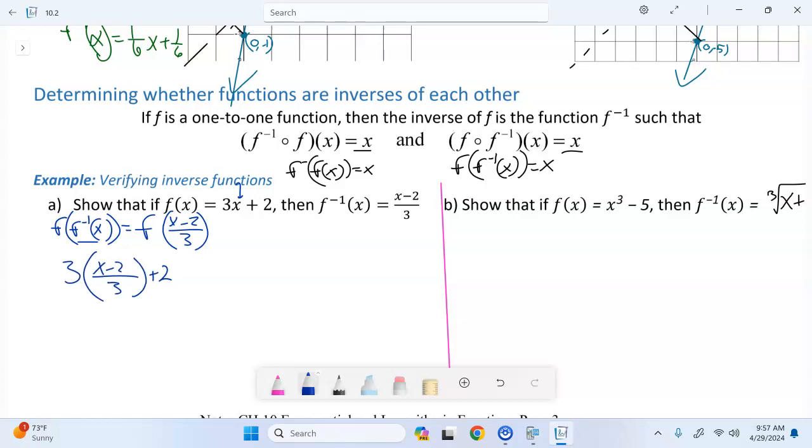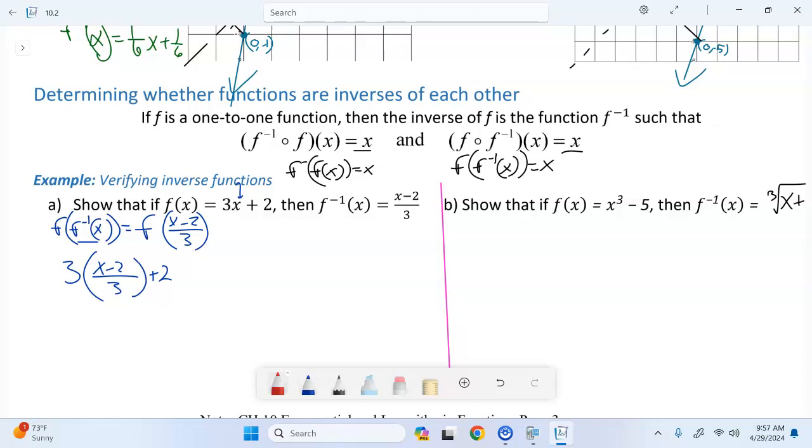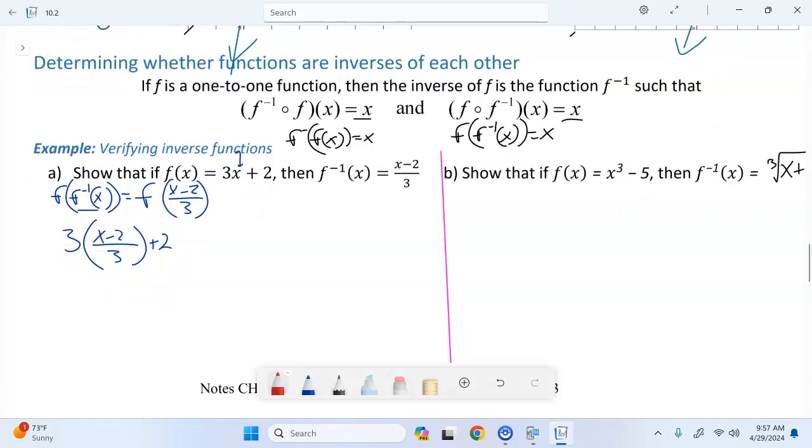What's the first thing I can do to simplify here? We have 3 times x minus 2 over 3 plus 2.